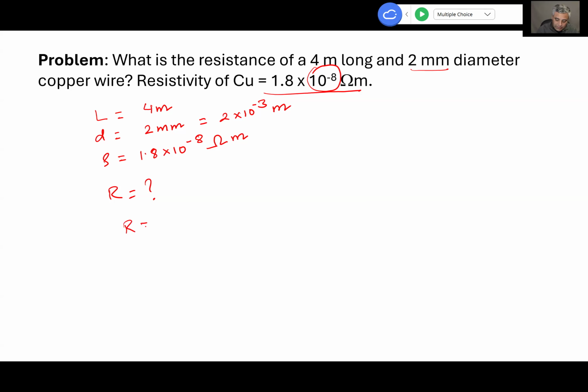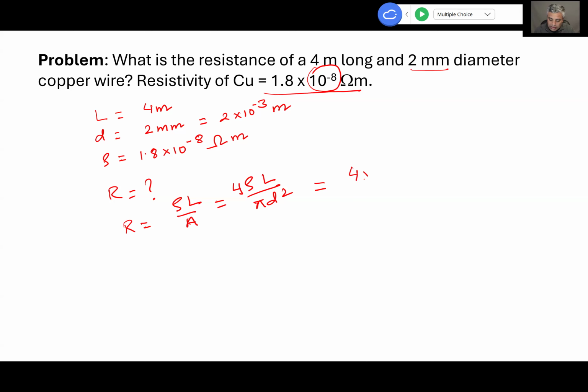So using this formula, rho L over A, hopefully I did not write that incorrectly again. So pi d square over 4, a fraction of a fraction, goes on the top over there.